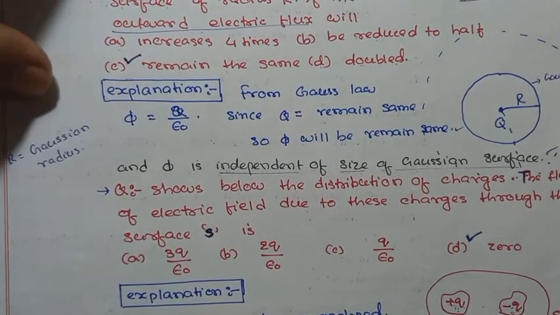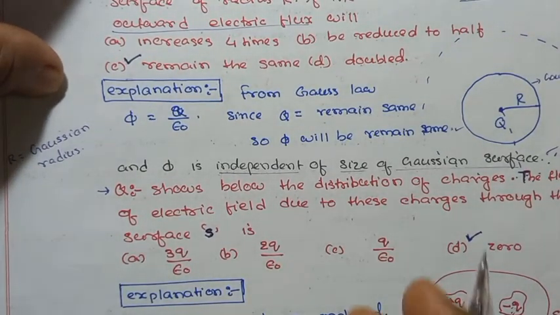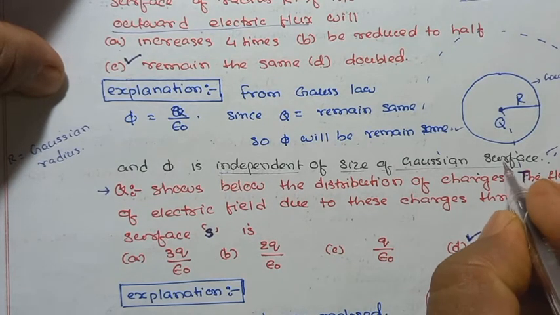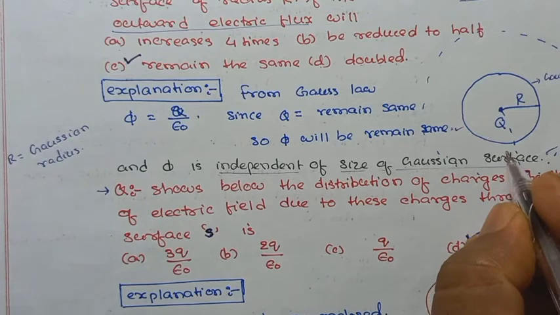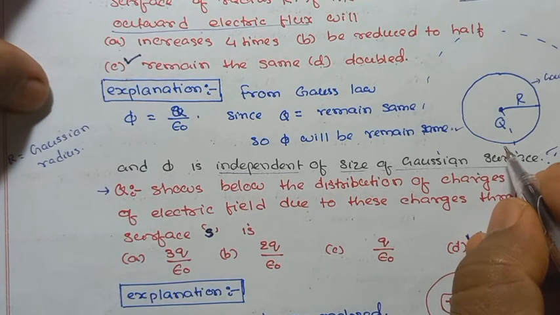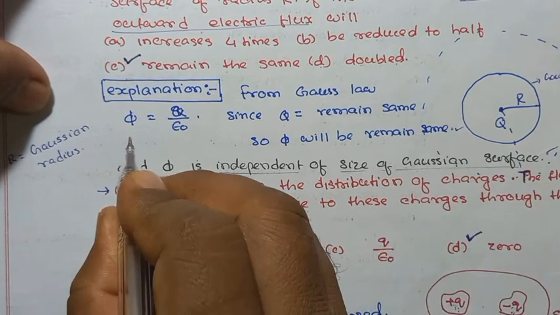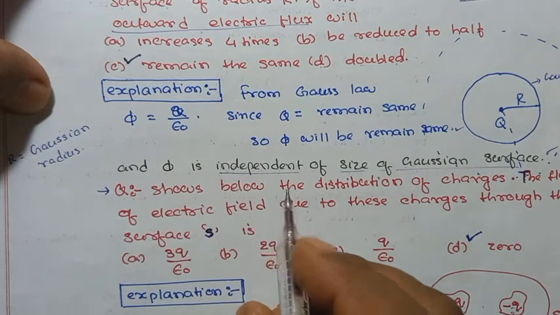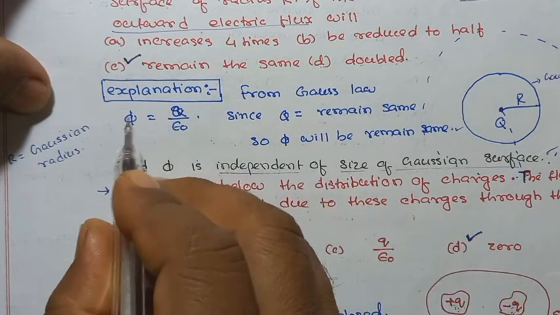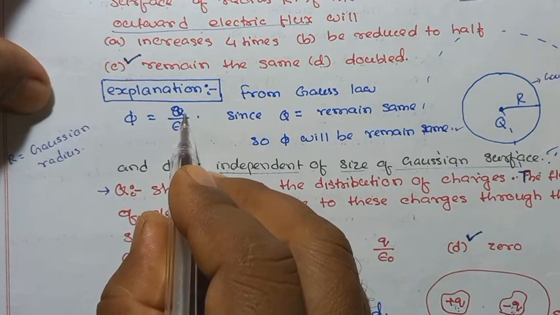See here, from Gauss law we know that the total electric flux coming out through any closed surface is equal to 1 by epsilon 0 times the total charge enclosed. Here the total flux coming out through the surface is say phi, and the charge enclosed is q. Then phi is equal to 1 by epsilon 0 times q.